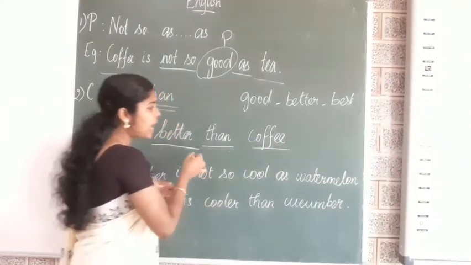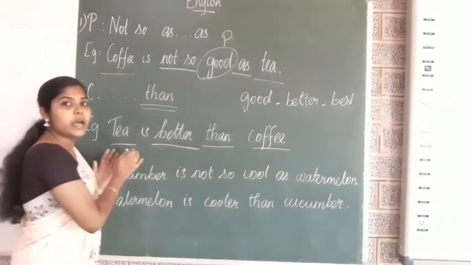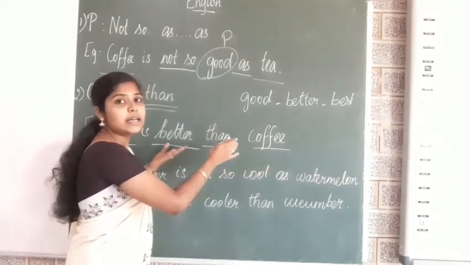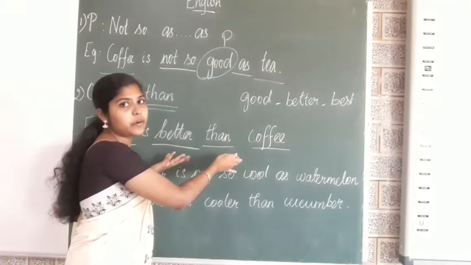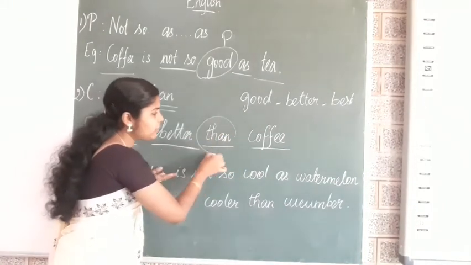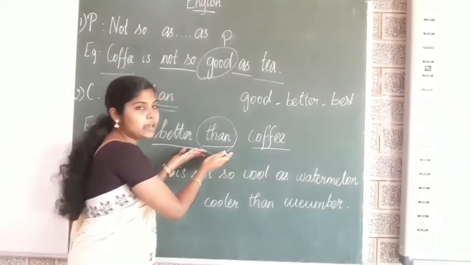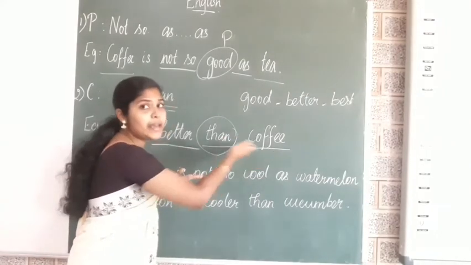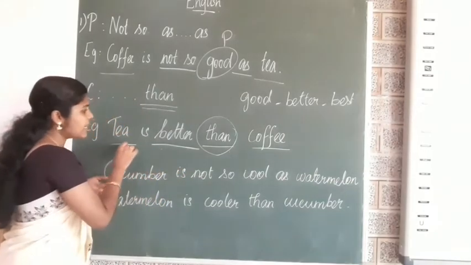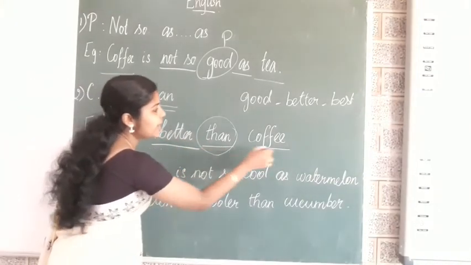Here coffee is a noun, tea is a noun. We are comparing two nouns and so it is the comparative form of the adjective. Here for comparative we have to use the word than. Here we are comparing coffee and tea. Okay. So tea is dash than coffee.